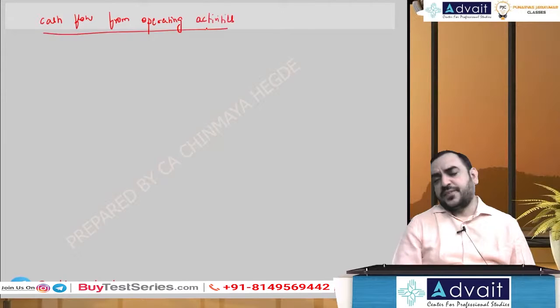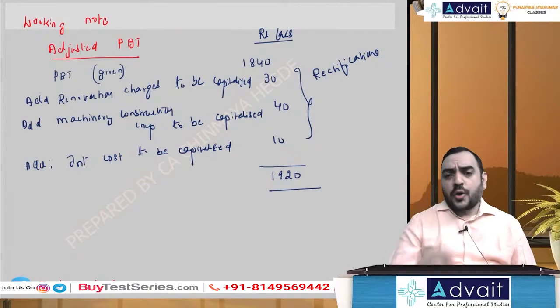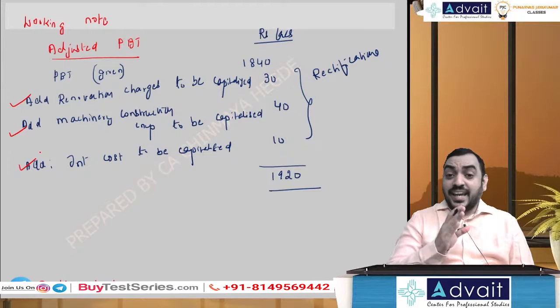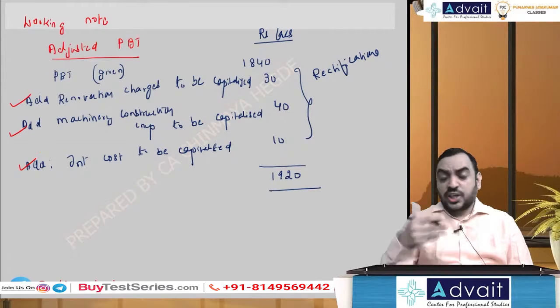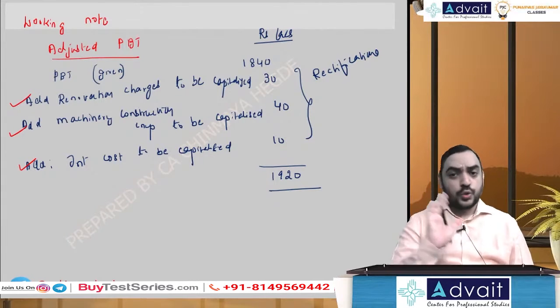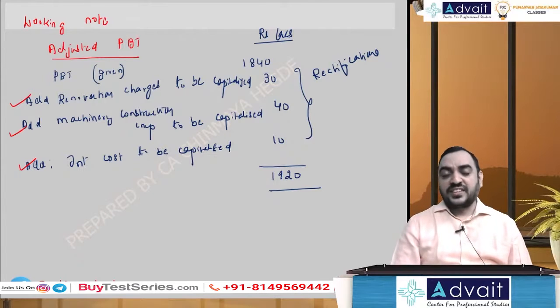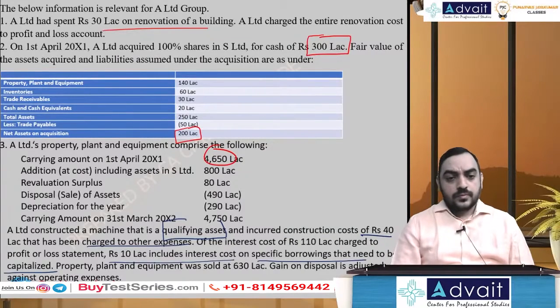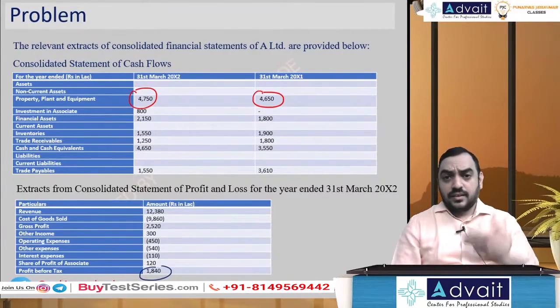Again, a point of caution: these renovation charges, machinery construction expenses, interest cost to be capitalized are going to be part of investing activities. That will be subtracted. Renovation cost, machinery construction, interest cost as a part of it, those things will be subtracted in investing activity, but we are not asked here, so we are not writing. I'm telling you for your reference. Okay. No other thing requires any rectification.